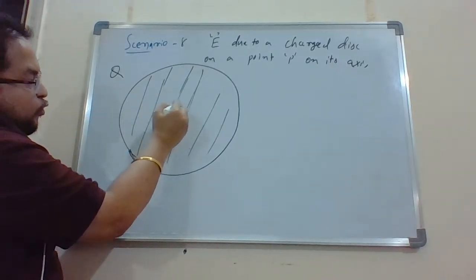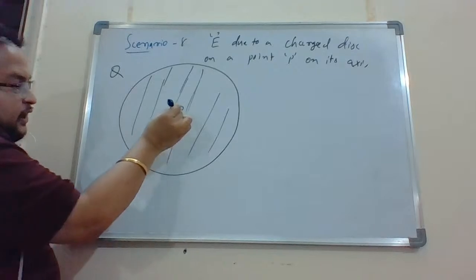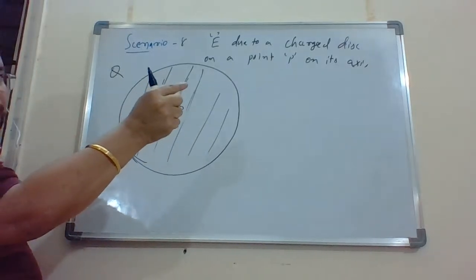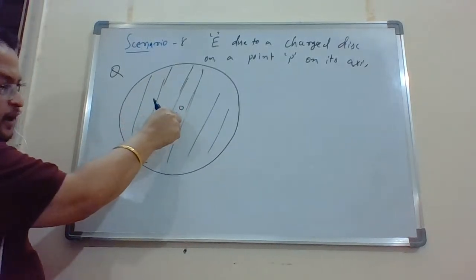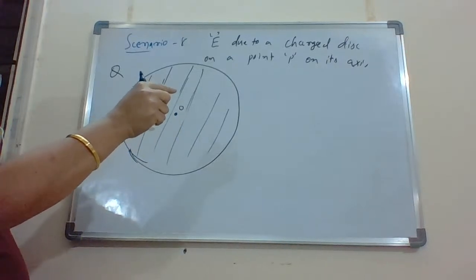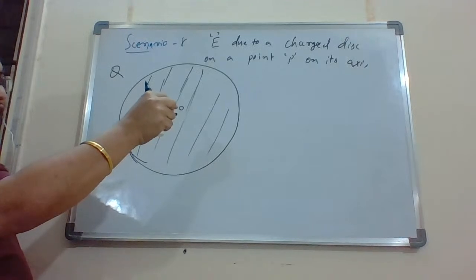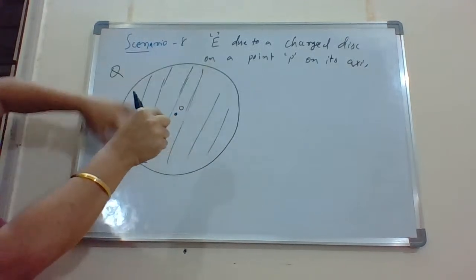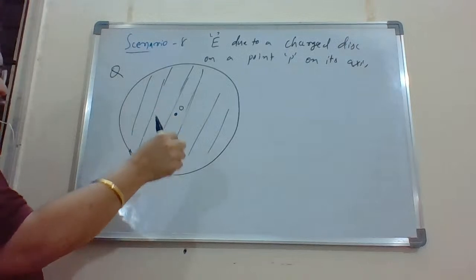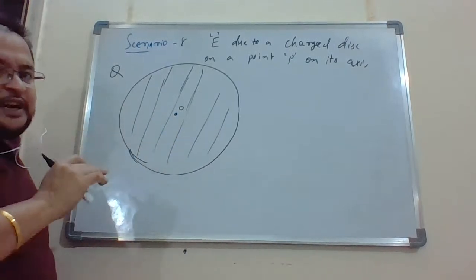This is the center O, and from this point I come vertically upward to a point P. I want to find the total electric field intensity due to this entire disk at this point. That is the scenario.